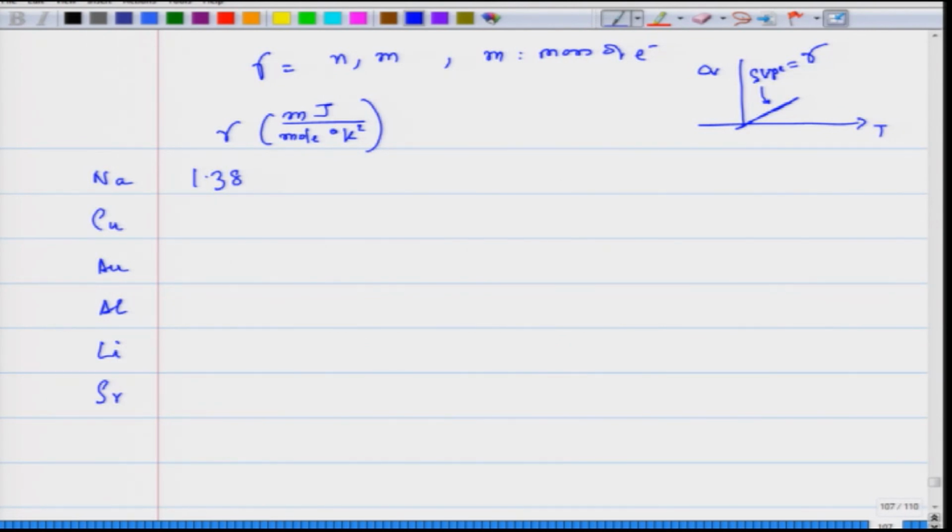So, you can not only calculate, this is the calculated value by putting in the density of electrons, which you can of course measure using the Hall. If you recall that the Hall coefficient RH is equal to plus minus 1 by Ne.